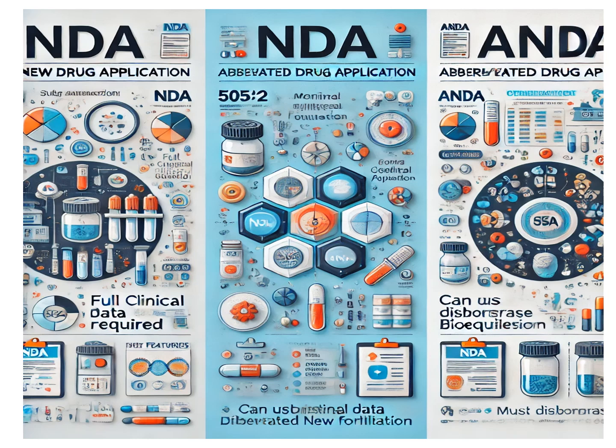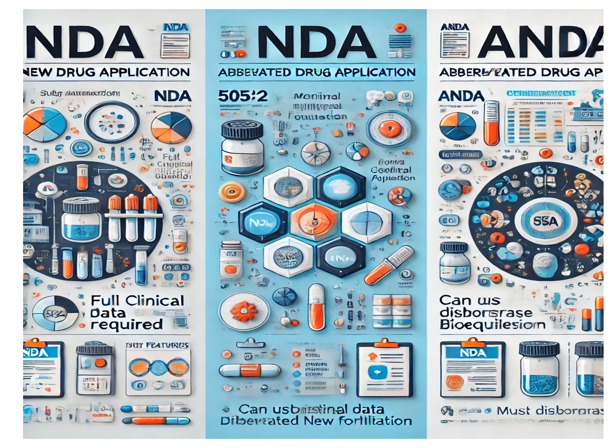And in ANDA, the generic application can be done with the bioequivalence proof only. Clinical studies are not required. ANDA is an exact copy or exactly similar version of the new drug application, similar in strength, dosage form and everything.